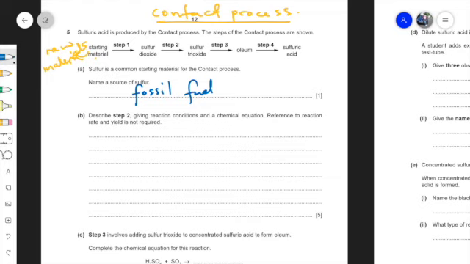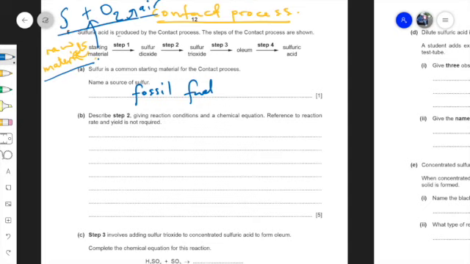So your raw material in this case will be sulfur. Your starting point will be sulfur and oxygen. The oxygen is obviously from the air. All right, so I think I've talked about that more than I should.